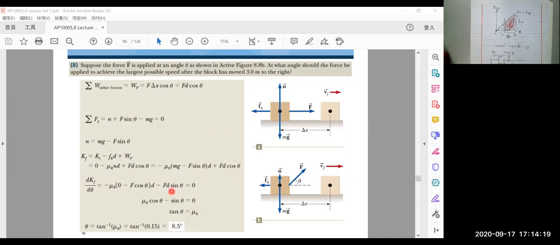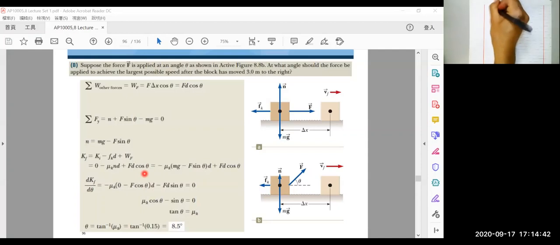The complication can be solved if we know a bit of differentiation. If you are not yet ready to accept differentiation, that is okay, but I try to explain the concept here. We are having a curve. This is the equation of the final kinetic energy versus theta.